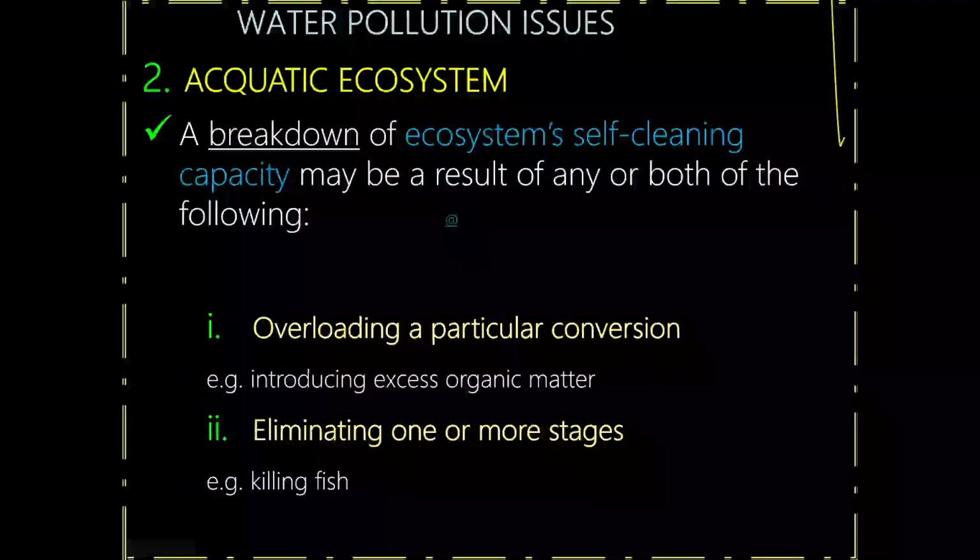So for instance, in all these cycles, if oxygen is off, the organisms in there need it. So if oxygen is not there, there's a break in that stage or step, then the ecosystem is termed as having broken down from cleaning itself. This is some of the reason.